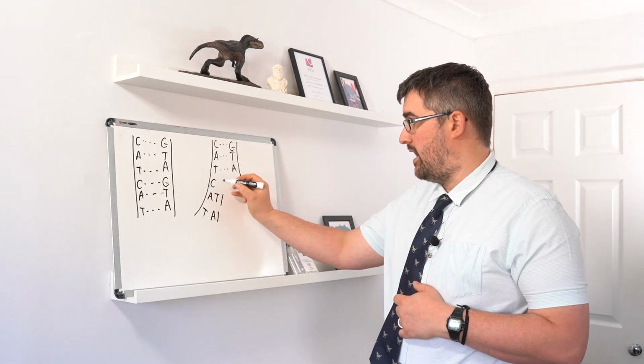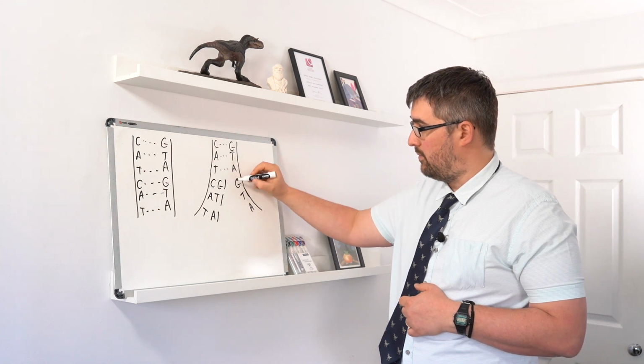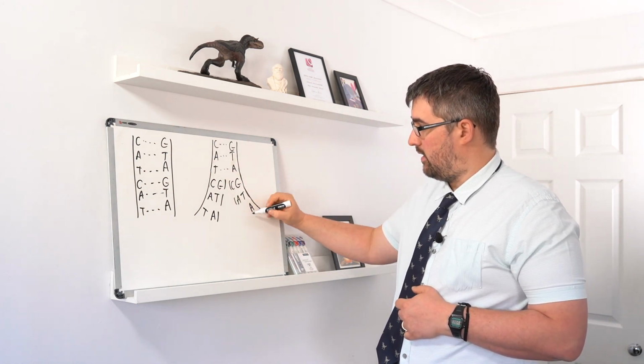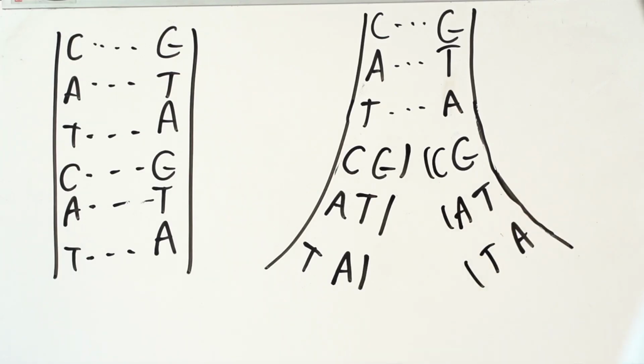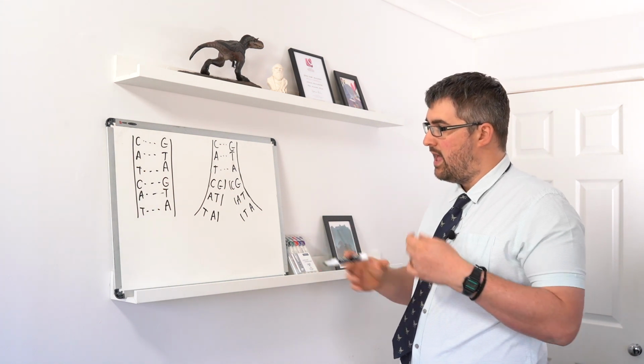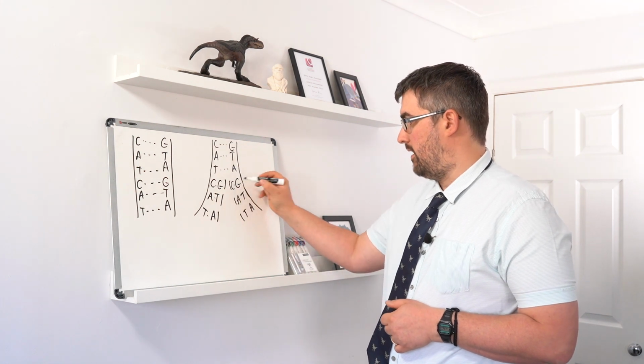So I'd have a T there, a G there, and so on. We haven't obviously unzipped all the way up here yet, but we will do eventually. Okay, like that. So that's all my free nucleotides. They're loosely in place at this stage. There's only hydrogen bonds holding them in there, but they have formed their complementary base pairs.